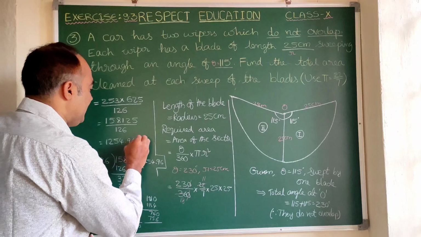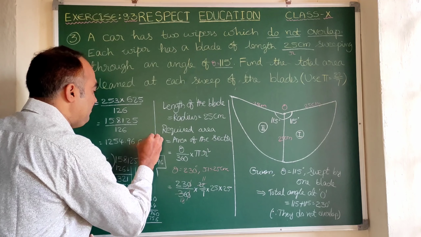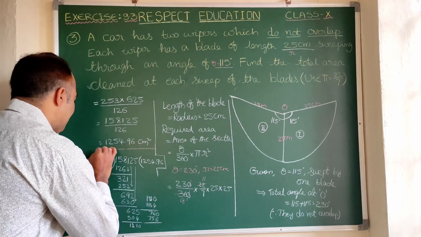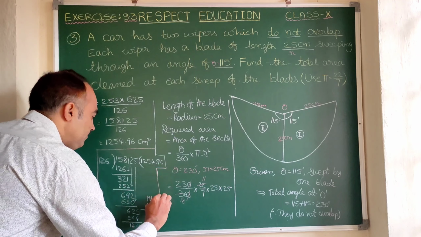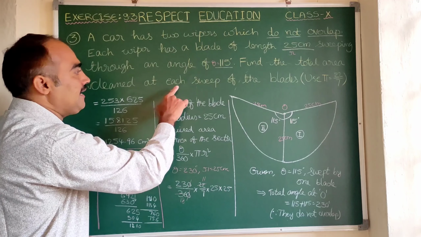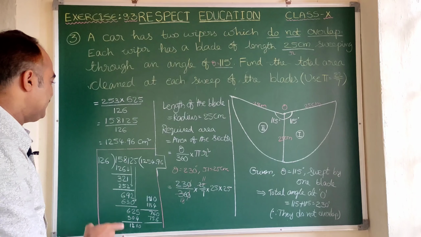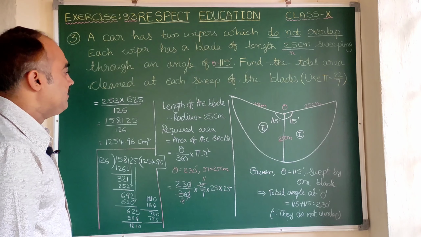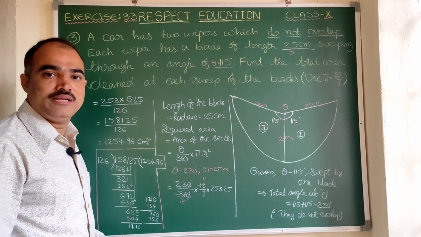Since we are going to find the area, the unit is centimeter square. So let us maintain this part as the rough work. Now, therefore, the total area cleaned at each sweep of the blades is 1254.96 centimeter square. With this, problem 3 gets completed.